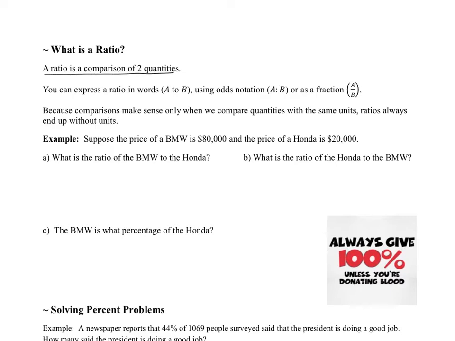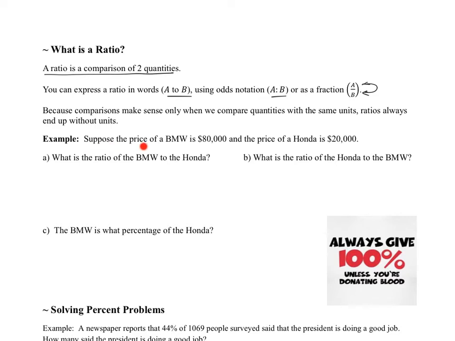You can express a ratio in words, you say A to B. Using odds notation, we still say A to B, or as a fraction, which we'd still say A per B or A divided by B. Because the comparisons make sense only when comparing quantities with the same units, ratios always end up without units. Let's see how this works in the next example.